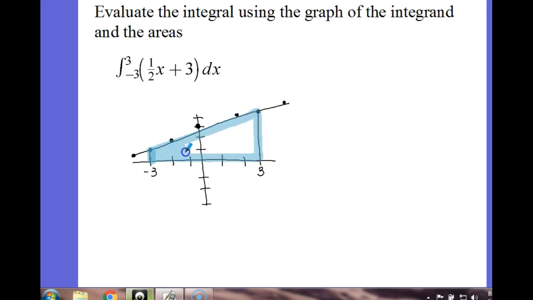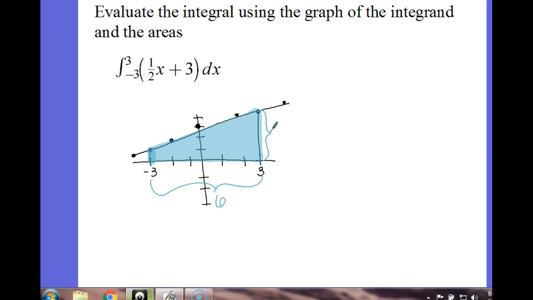Yep. So the height of the trapezoid is from -3 to 3, which is 6. The height of the base at 3 is like plugging 3 into your equation. So that's 3/2 plus 3.